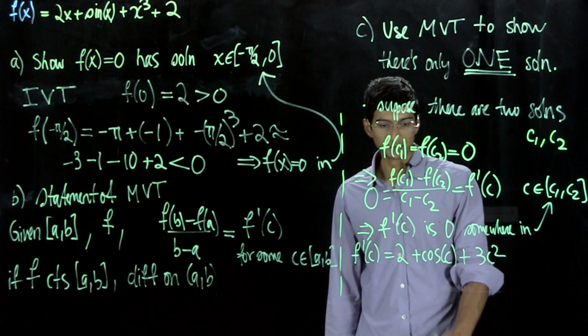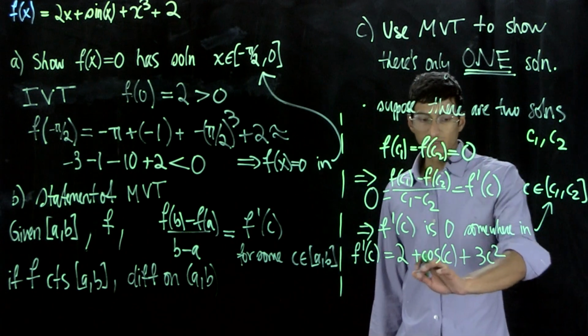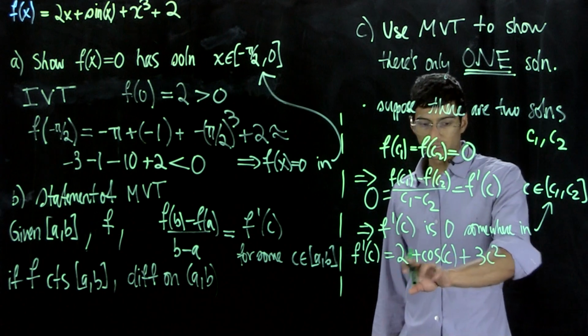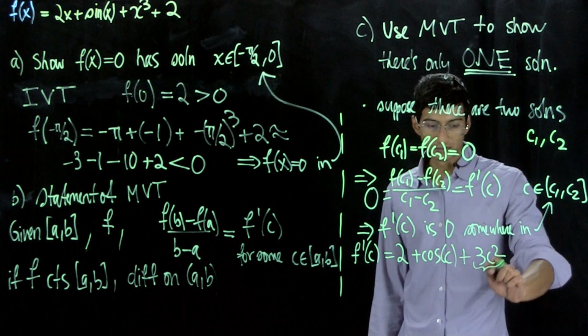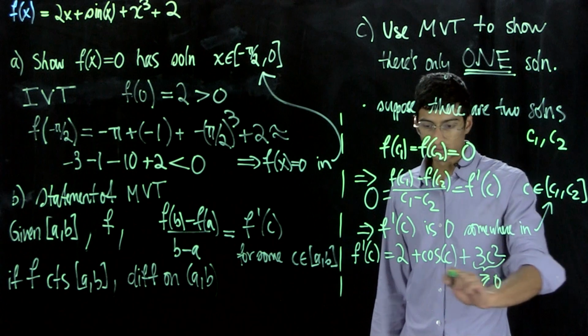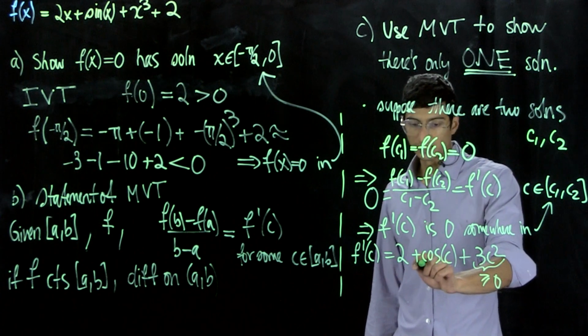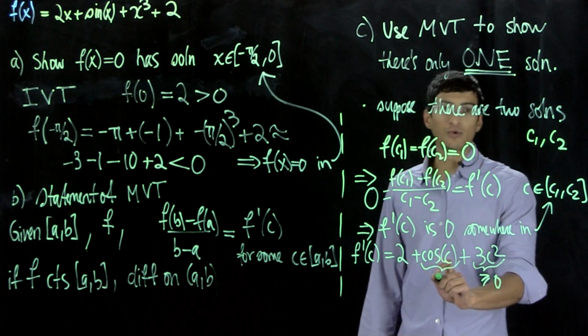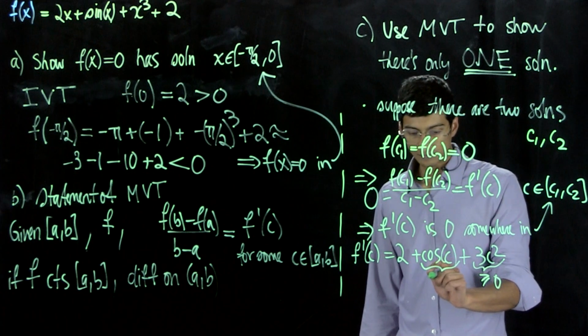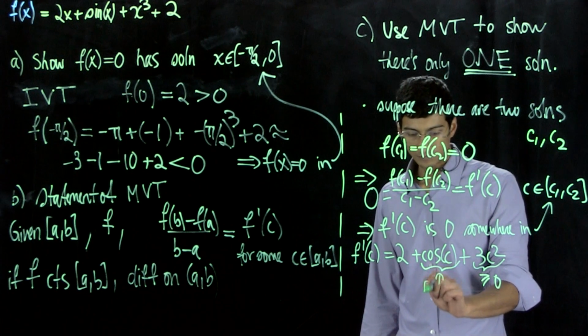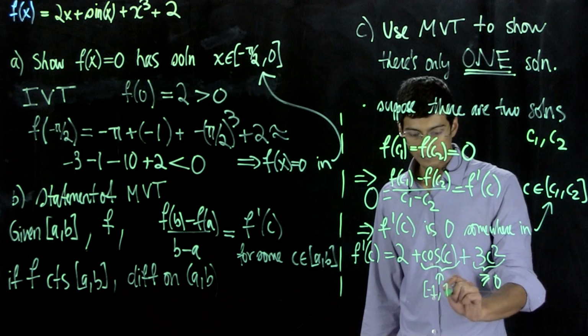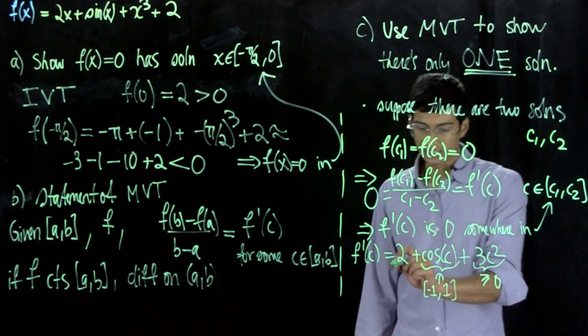Now this thing is positive, this thing is between -1 and 1, and this thing is 2.